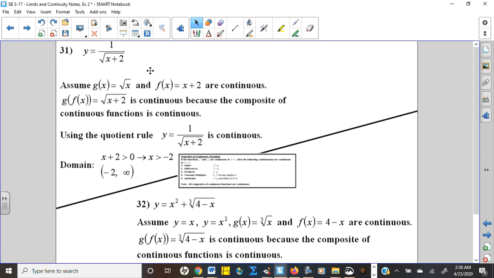So like at 31, I know the square root function is continuous. I know the line, any linear function, any polynomial is continuous, so x plus 2 is continuous. So when I take the composition of g of f by putting the line into the root function, it definitely is going to create a new continuous function.